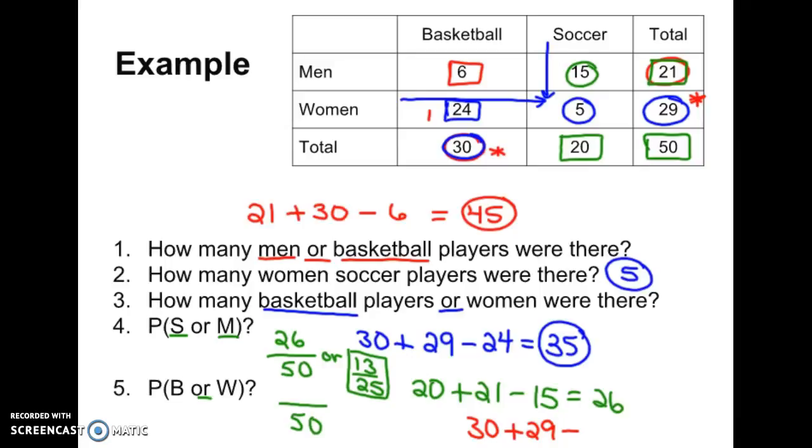Women that did basketball is 24. So 30 plus 29 minus 24 is 35. So 35 out of 50 fall into that category. If you reduce that, you end up getting 7 out of 10. Okay, 7 out of 10 for that one.